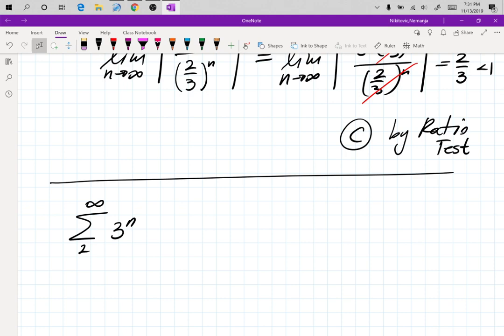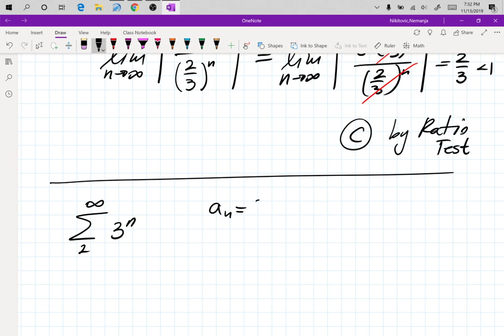Yeah, we can. Diverges by the first test you always try, and that is the limit is not 0. The limit is infinity. Therefore, it diverges by the divergence test, or the n-th term test. And now we're also going to show it diverges by ratio. So pick your poison. So already we know it diverges.